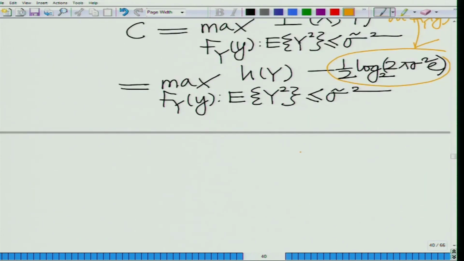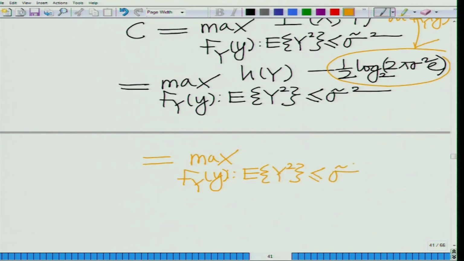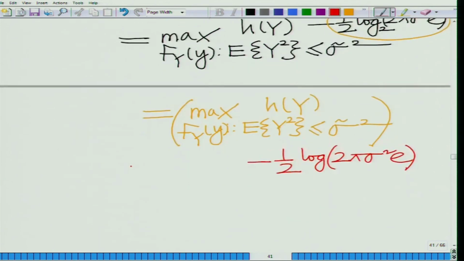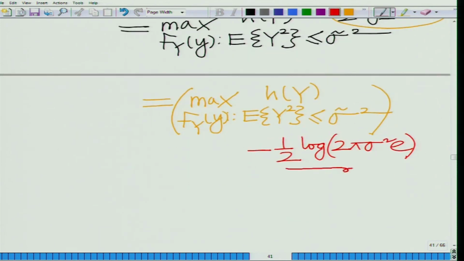with respect to the probability density function of y is, equivalently, I can write this as max over f of y, with expected y square less than or equal to sigma tilde square, of h of y, because this is the only quantity that has to be maximized with respect to the probability density function of y, minus this constant half log 2 pi e sigma square.